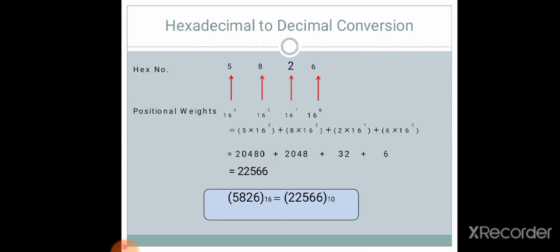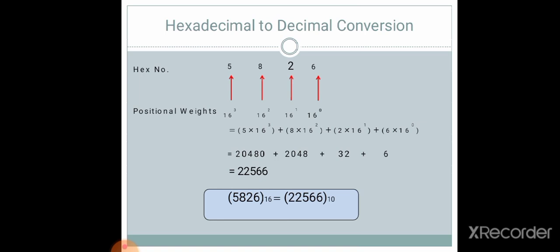So for the hexadecimal number 5826, the decimal equivalent is 22566 to the base 10. Writing the answer like this is compulsory. Writing the base for each number is compulsory. It shows your conversion.